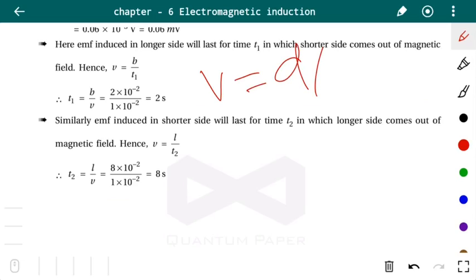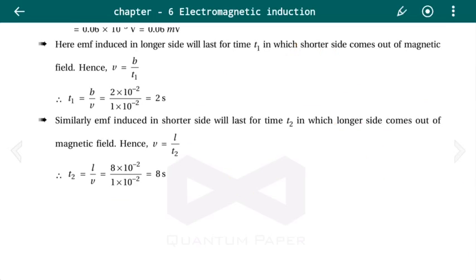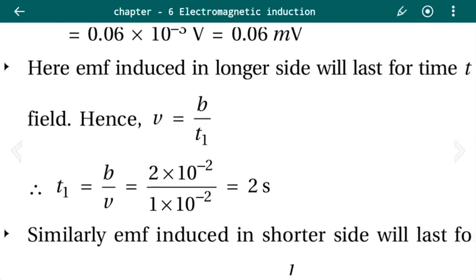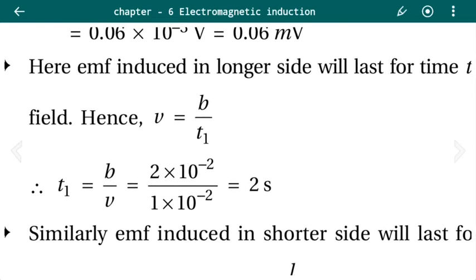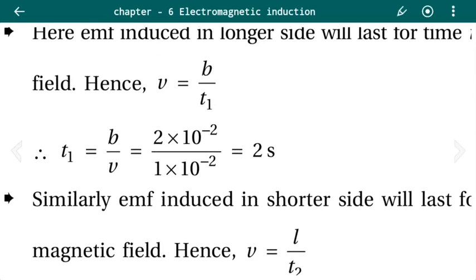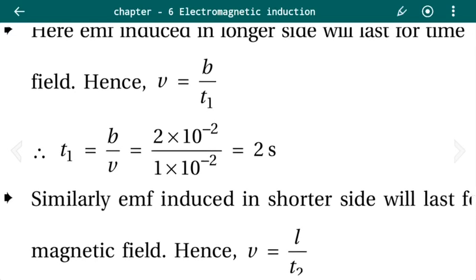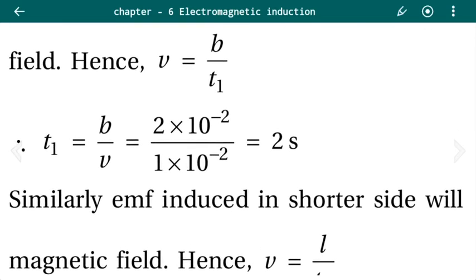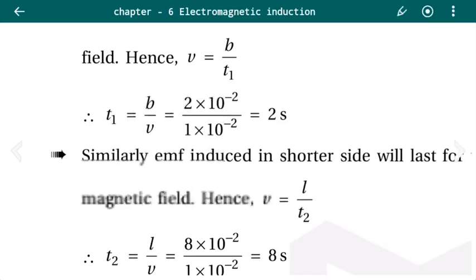Velocity is distance upon time taken, so time taken is distance upon velocity. So t1 equals b upon V. Here b is nothing but the shorter side length, and V is the velocity with which the loop moves. So putting the values, we get 2 into 10 raised to minus 2 upon 1 into 10 raised to minus 2, equals 2 seconds.